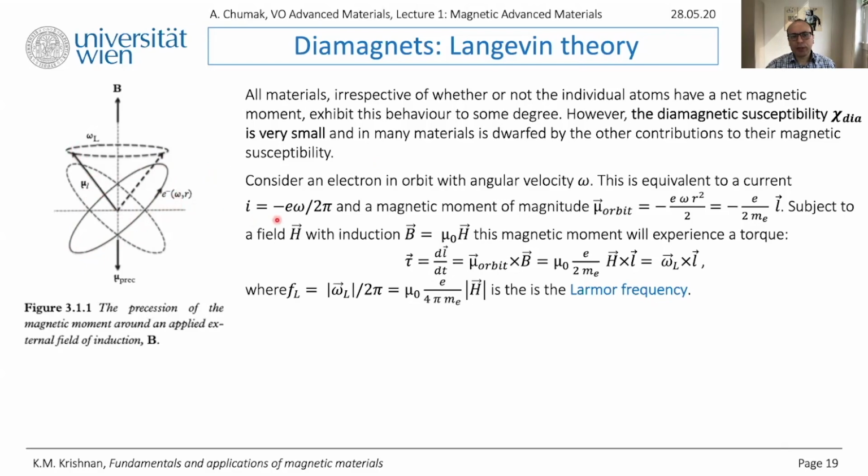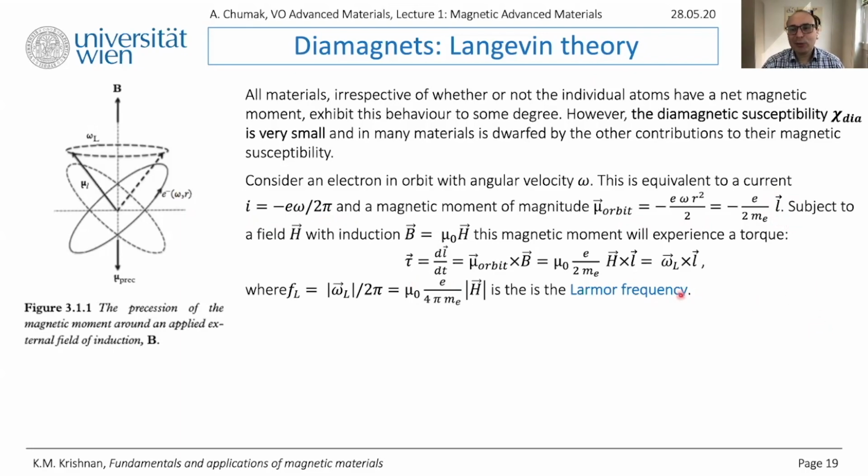So it will create a current, as we were talking about in the previous lectures. And here is the orbital momentum defined previously, and it's coupled also to the angular momentum of the orbital motion of the electron.